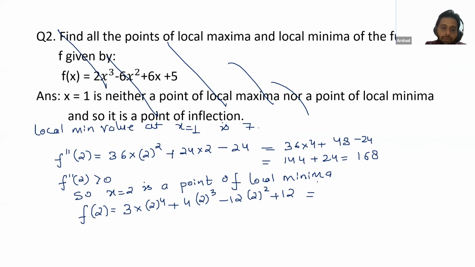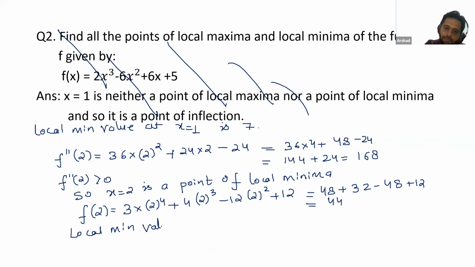This is equal to 48 plus 32 minus 48 plus 12. So 48 cancel out, you will get here 44. So local minimum value at x is equal to 2 is 44.